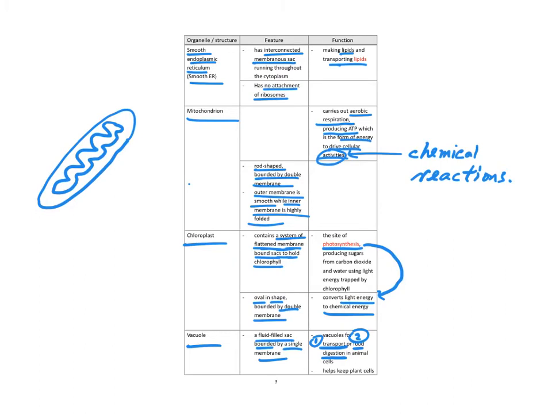Another function is to help keep the plant cell in a turgid state. You just remember this word first. More information on the concept of turgidity or turgid state will be learned in Form 4 in Chapter 3.